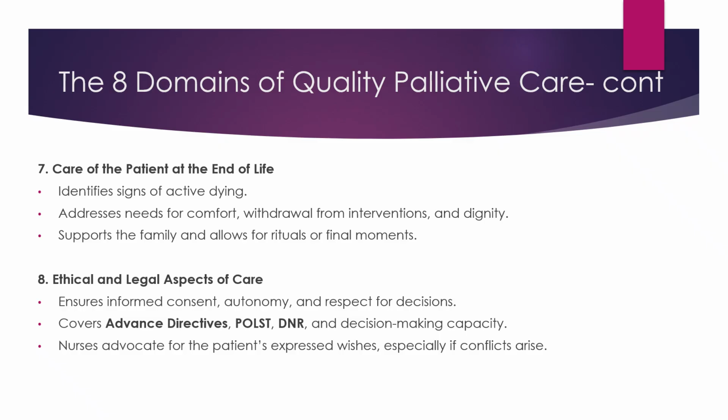Domain number 7, care of the intermittently dying, which can be symptom management, pain and discomfort, which are opioids, non-pharmacological intervention. Then we have respiratory distress, which are oxygen, positioning, medication, delirium, which is calm environment, symptom control.